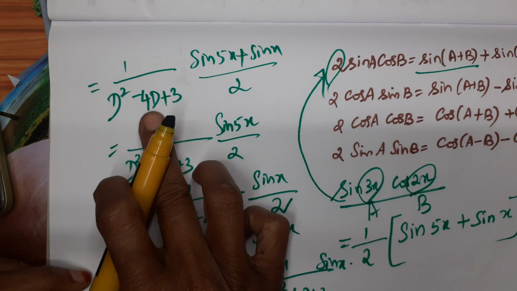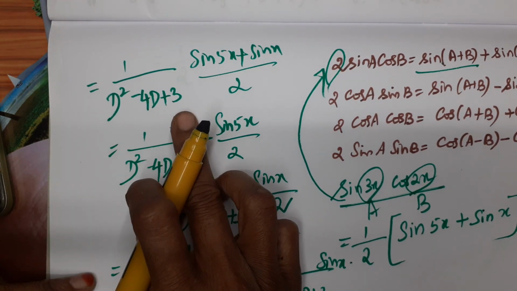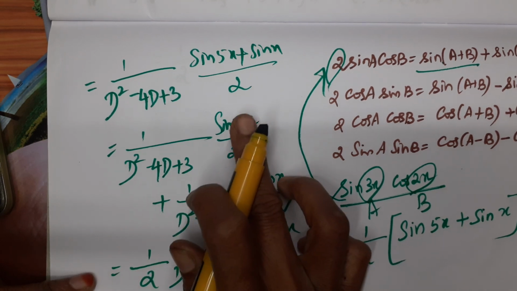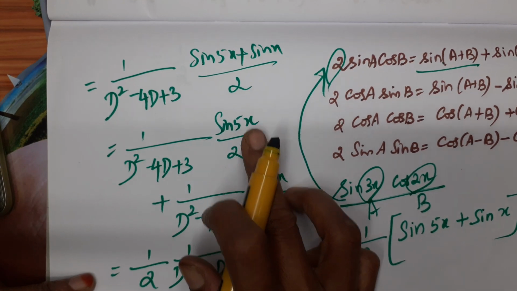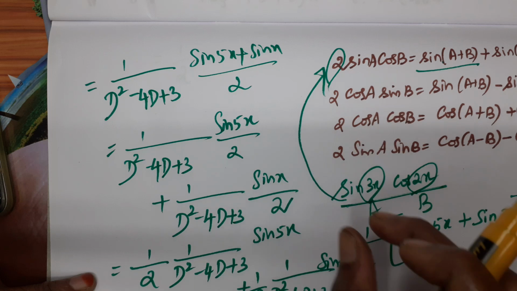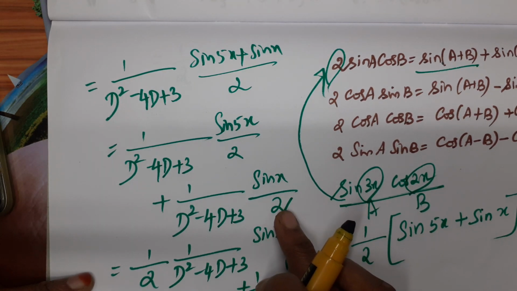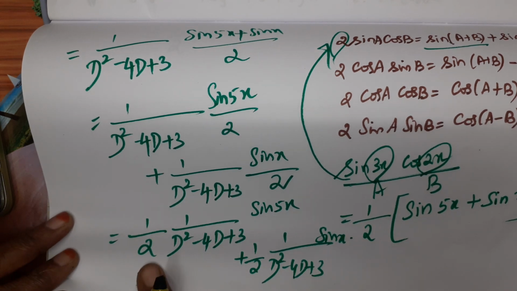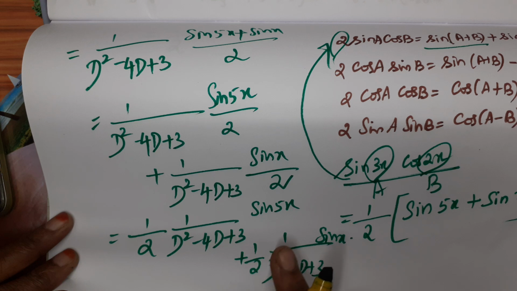So taking that formula, we are getting 1 by D squared minus 4D plus 3 into sin 5x plus sin x by 2. I can split this into two terms, sin 5x by 2 as one term and sin x by 2 as the second term. 1 by 2 is a constant, so I can take that to the front: 1 by 2 into 1 by D squared minus 4D plus 3 into sin 5x, and similarly for sin x.